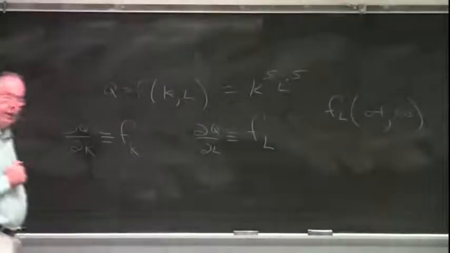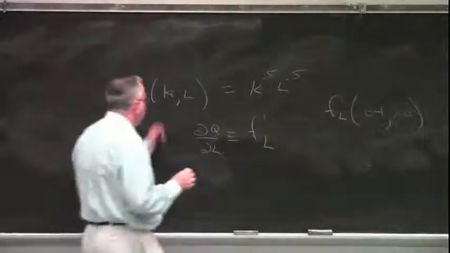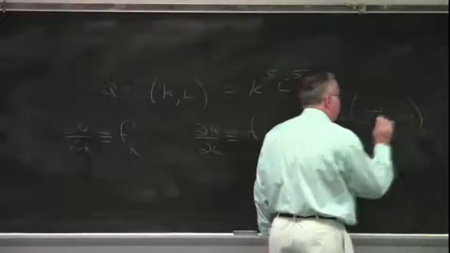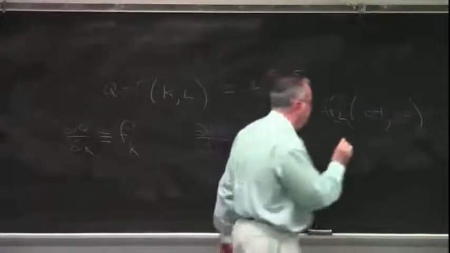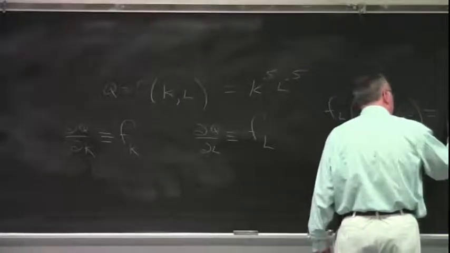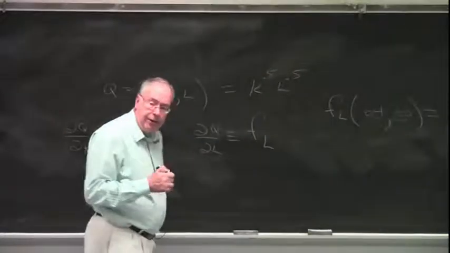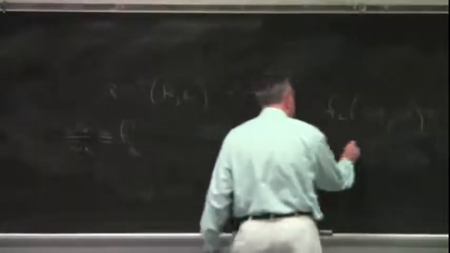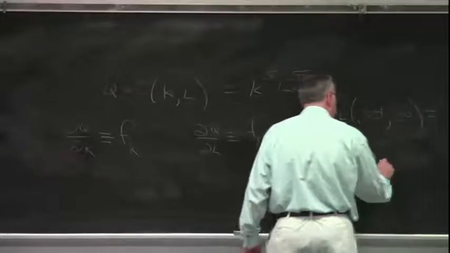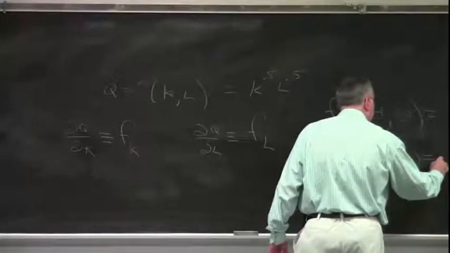And you would just write it that way. Okay, this is the value of F sub L when K is 64 and L is 100. And we just found that a minute ago. We just found that that was what, 0.4? Okay. And in a similar fashion, we evaluated the marginal product of capital when K was 64 and L is 100. And we found that to be 0.625.